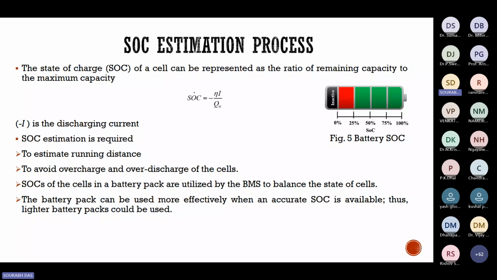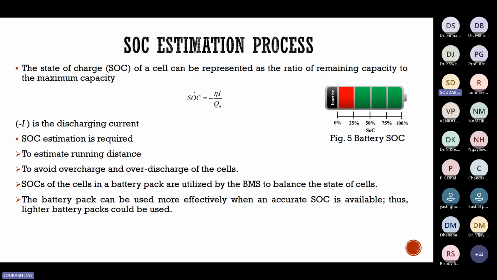It is the percentage of the remaining capacity of the battery relative to the rated capacity. What we can see in figure 5 is that when it is 100, in the battery, there is an inactive portion.